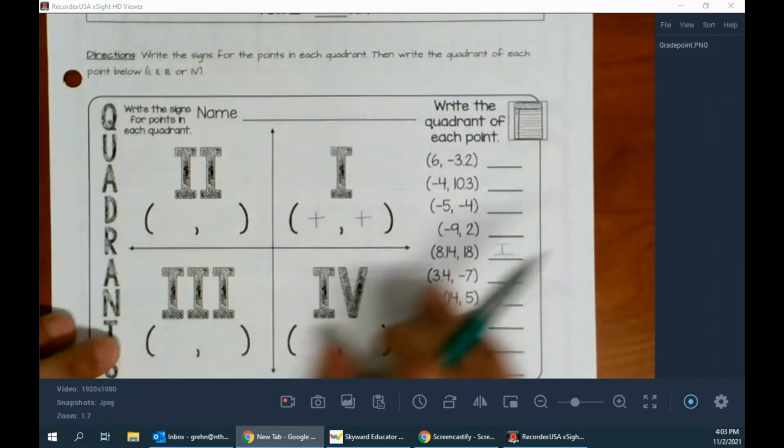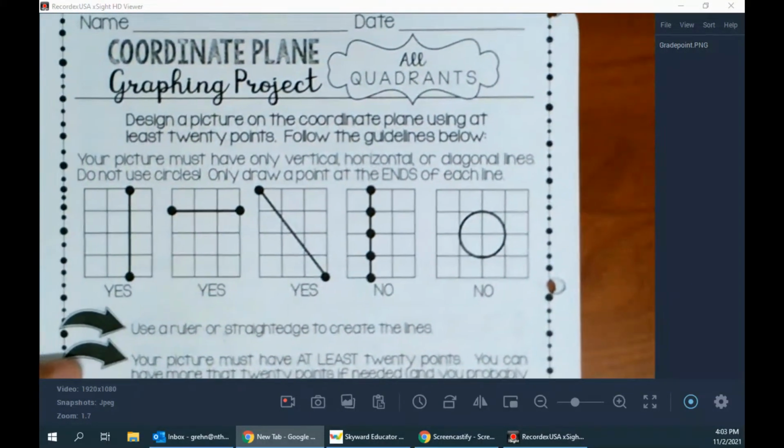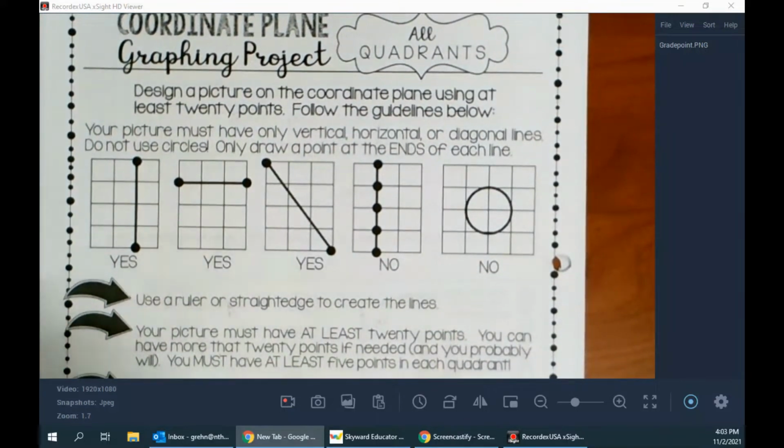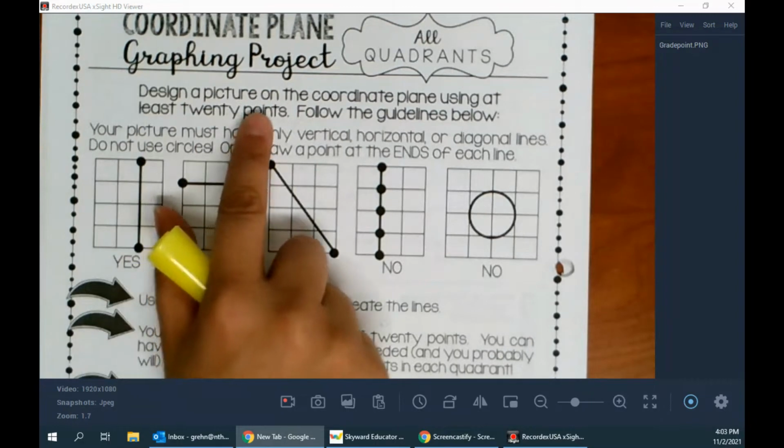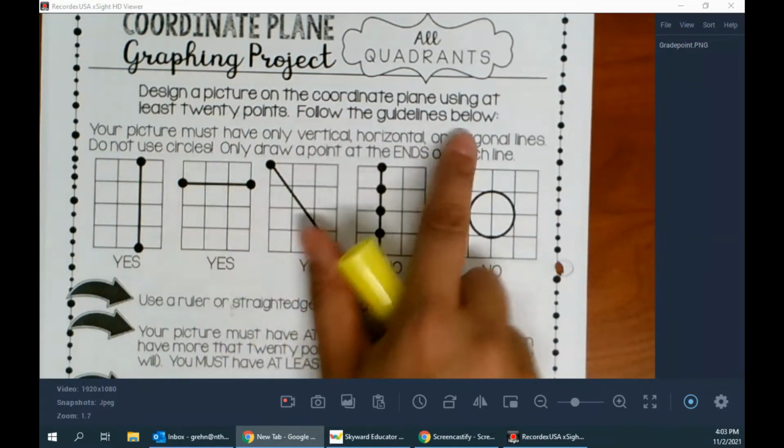Okay, so once you finish this part, we're going to move into the directions of the actual project. If you take a look here, I'm going to highlight a few things that are going to be really important, so feel free to underline or highlight as we go through it. Basically, it says design a picture on the coordinate plane using at least 20 points. Follow the guidelines below.